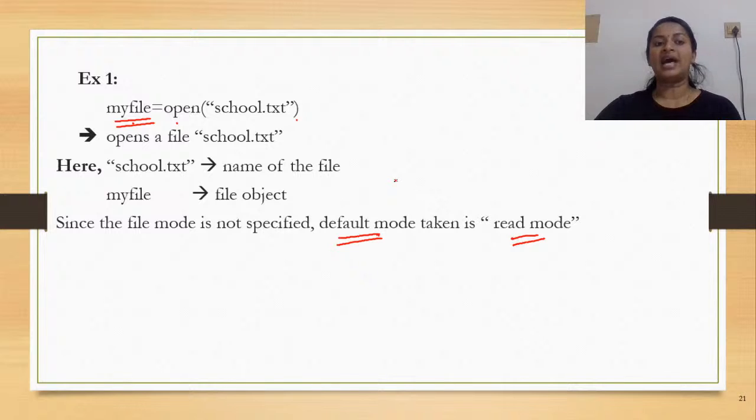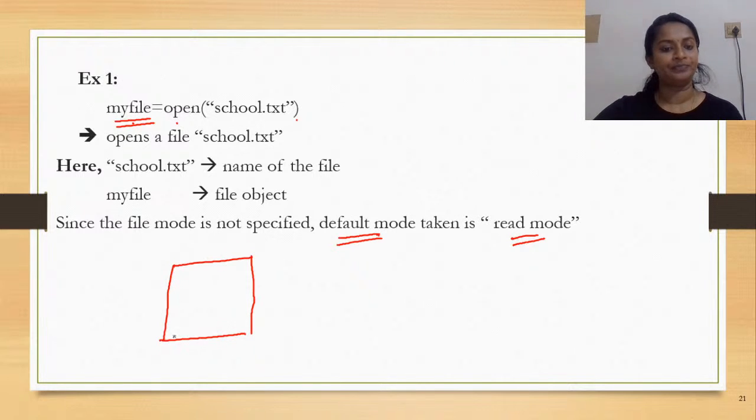Okay. Now, what happens when you try to open the file of the name school.txt? Imagine that this is your file and you're having some contents in the file, and the name of the file is going to be school.txt, right?